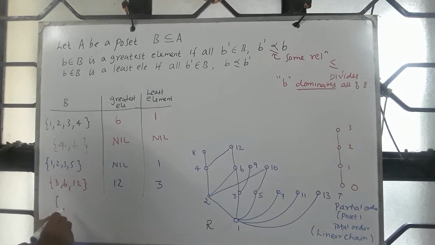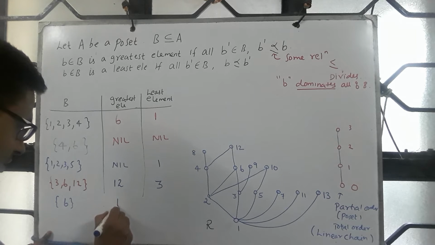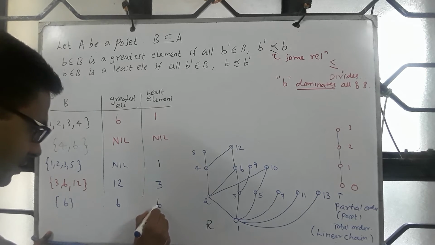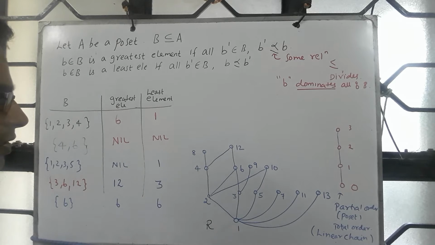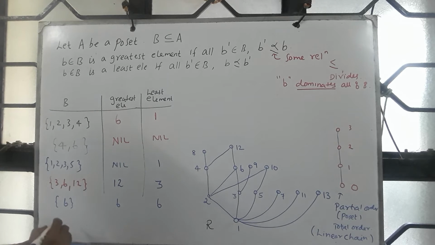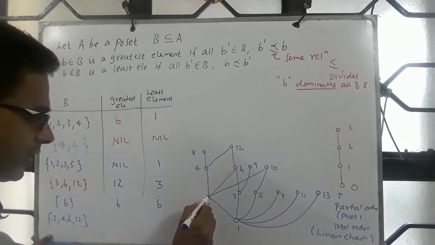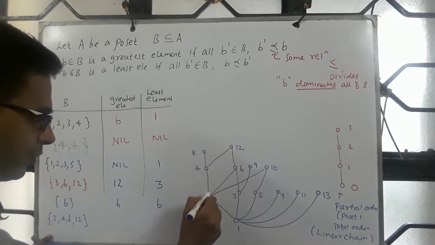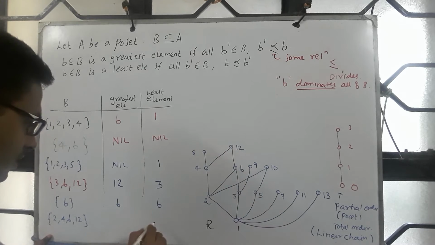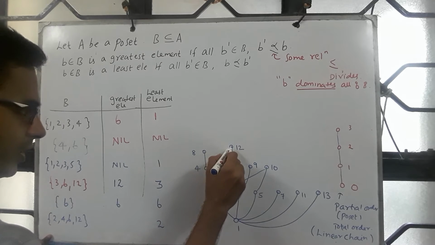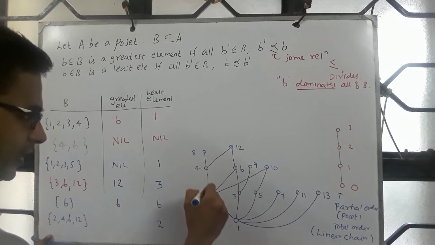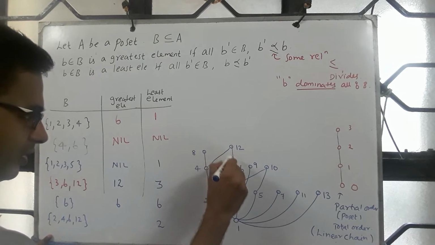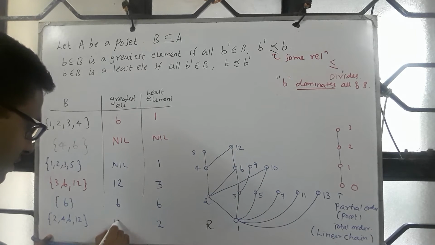And supposing I take say 6, then 6 dominates 6, 6 is dominated by 6, so both greatest and least element are one and the same. And suppose you take 2, 4, 6, 12, you see that this element is dominated by all: 2, 4, 2, 6, 2, 12. So least is 2. And 12 dominates everything. You see that 2, 12, 12 is above 4, 12, 6, 12, and 12 is the greatest element.